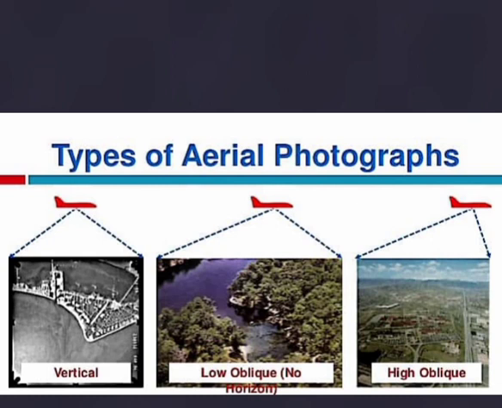But for our syllabus, we'll be having the classification based on the verticality to the ground: vertical photographs, tilted photographs, and then oblique photographs. Oblique can further be divided as low oblique and high oblique photographs.